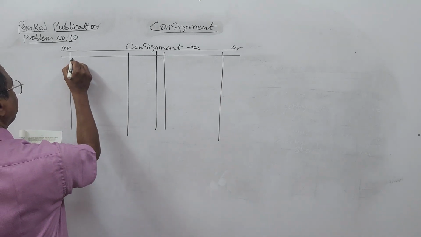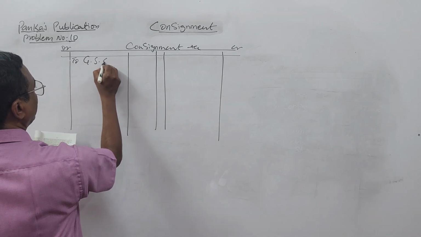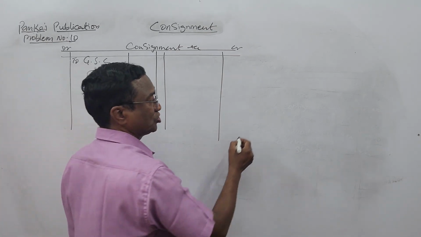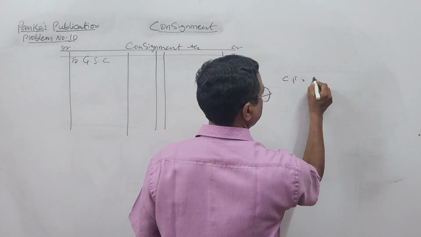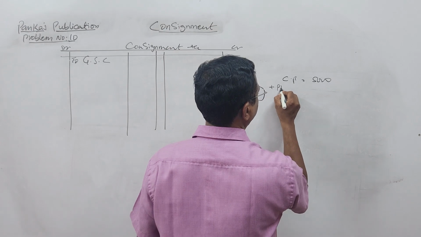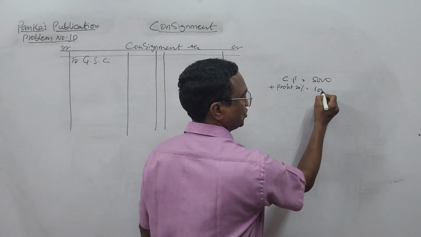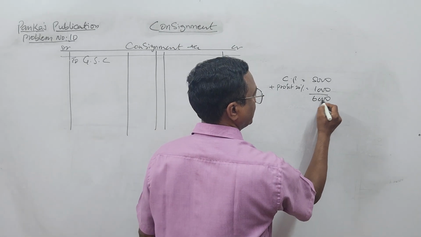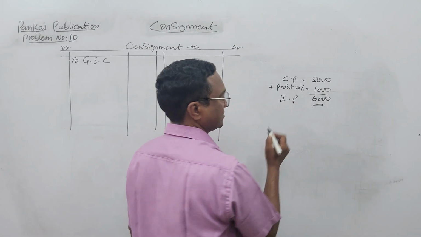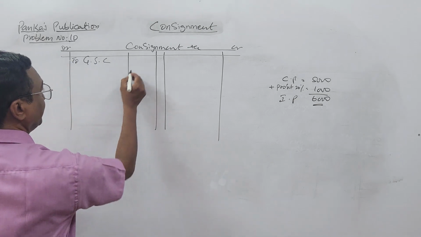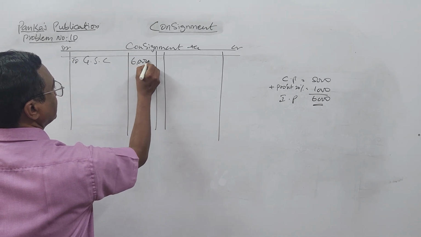Now start with the debit side, to goods sent on consignment. Actually cost price is 5,000, but you are adding profit of 20%. 20% on 5,000 is 1,000. So invoice price becomes 6,000. So debit 6,000.